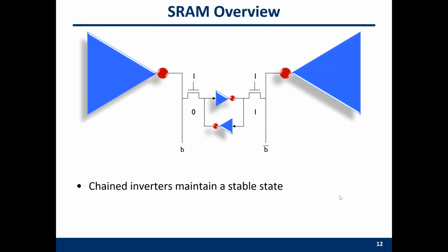You also have two transistors here to serve as the access transistors. And these are sensors. Each can sense the data, sense 1 or 0, from the core.